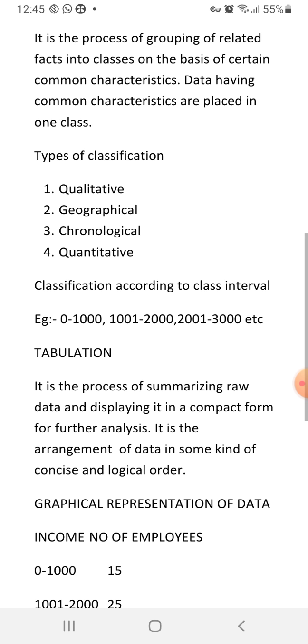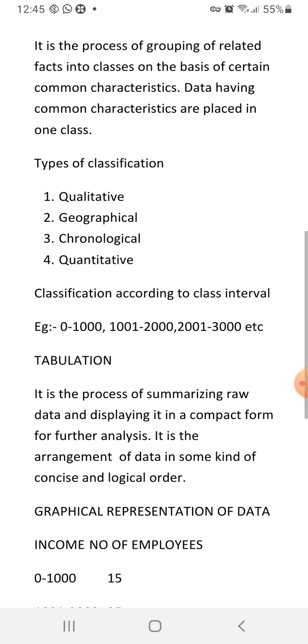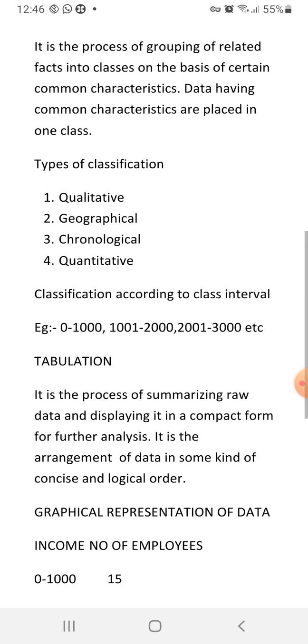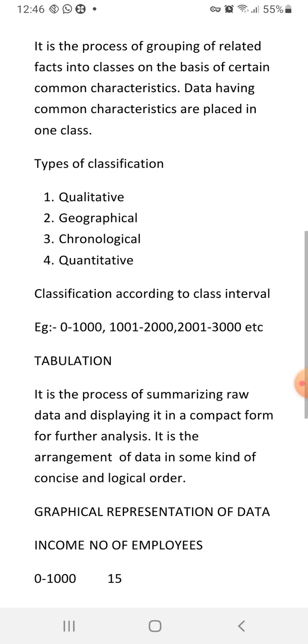Then on the basis of geographical location: Asia, South Asia, Southeast Asia, then Middle East, then Europe, America, like that.